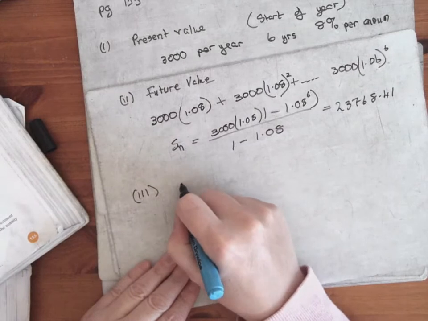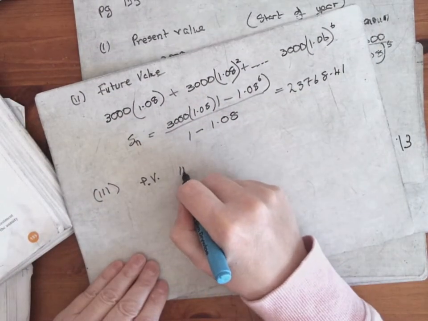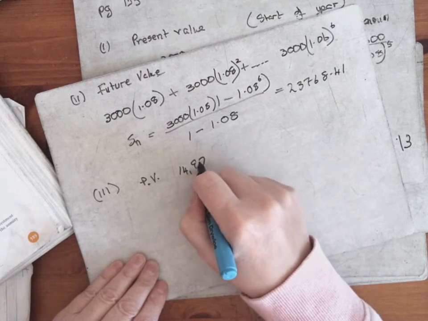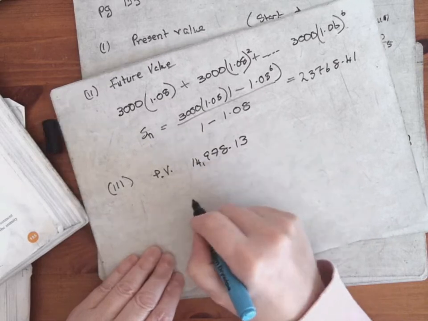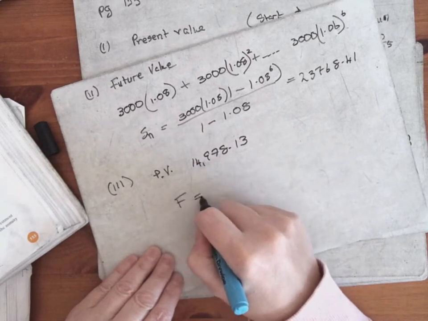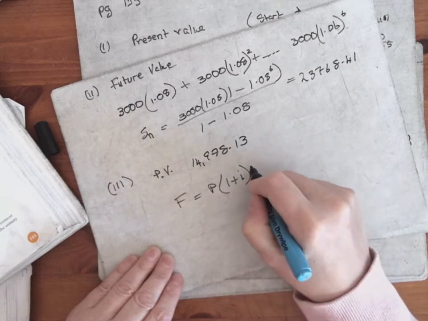Right, if the present value, so we said the present value is 14,978.13, is put in deposit on a single investment. Okay, so we're just going to use the formula: final amount is equal to the principal times 1 plus i, all to the power of t.